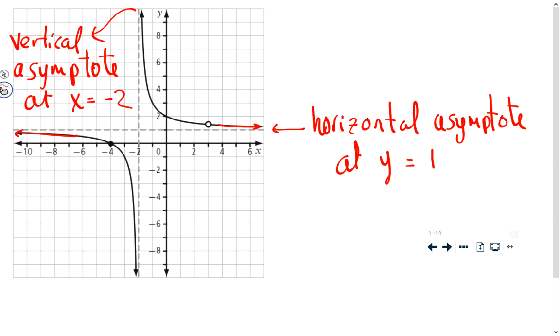So let me repeat that. If there's a horizontal asymptote, that means when x gets really, really big, y starts getting closer to some number. And if you understand that idea, then you can use it to determine where horizontal asymptotes exist. Let's take a look at the examples we're going to be doing today now.